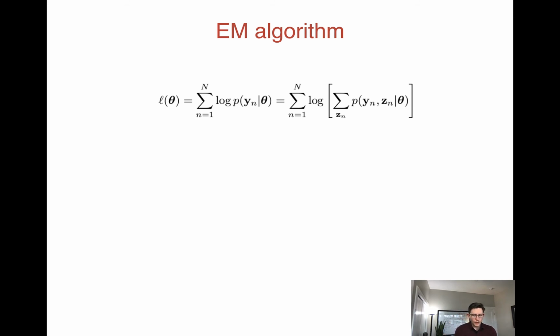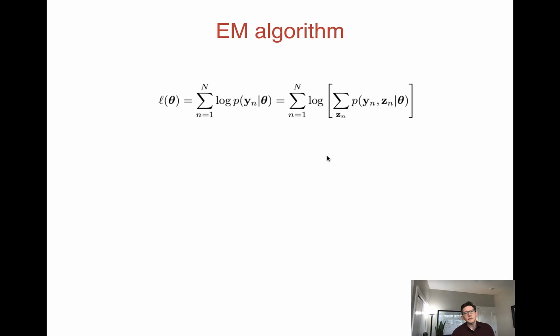Again, we have our log likelihood, which is defined as the sum of the likelihood on each of our examples. But because this isn't defined without also defining our latent variable, we need to marginalize out that latent variable. And again, this thing is tricky to optimize without help, which is what we're going to do now.